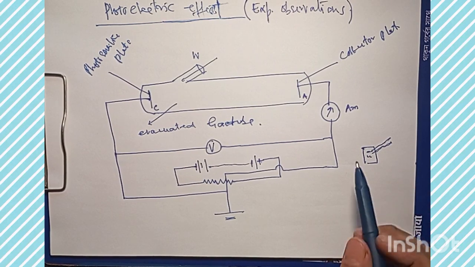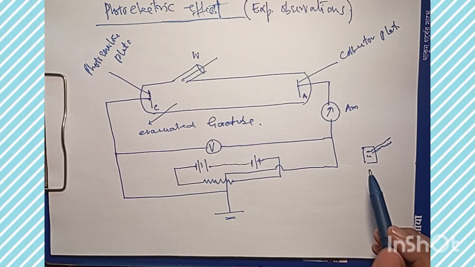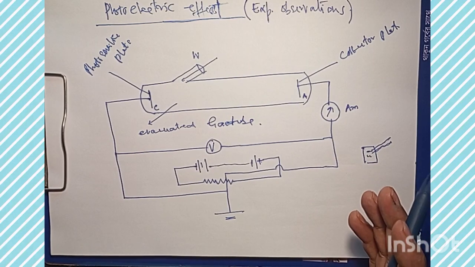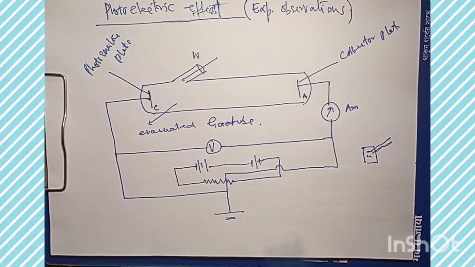So this phenomenon of ejection of electrons from the metal surface, when light of some suitable frequency or wavelength falls on it, we call this the photoelectric effect.